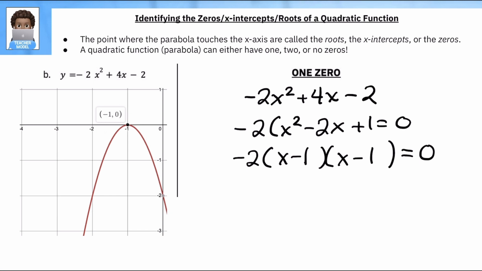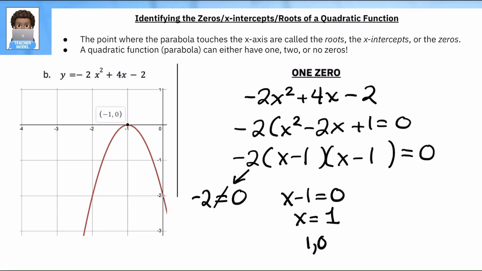So let's work this out now. Here, negative 2 is equal to 0. That is not true, so we're just dismissing that. It's not an option. The second two are going to be the same thing. x minus 1 is equal to 0, so x is equal to 1, which makes our coordinate, it touches at (1, 0).